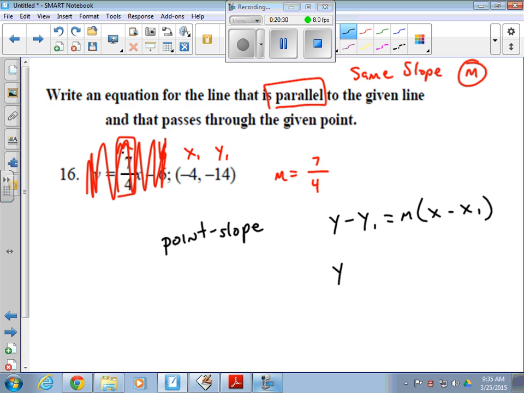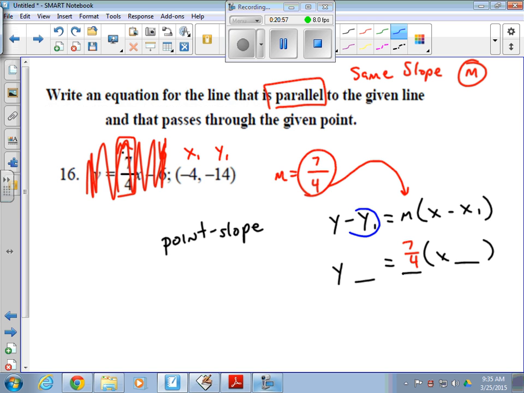You're going to leave y, the equals, the parentheses, and the x. We're going to plug in x sub 1, m, and y sub 1. Whatever it says here for m is going to go right there in place of your m. So 7 over 4 goes in for your slope. Your x sub 1 and y sub 1 are going to plug in as the opposites of what they say. The reason they're the opposites is because it says minus y sub 1. So this is your y sub 1 value.